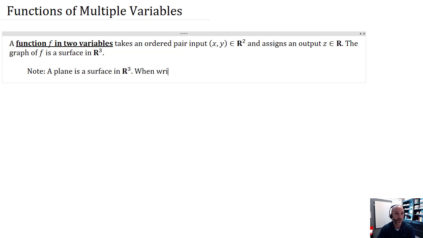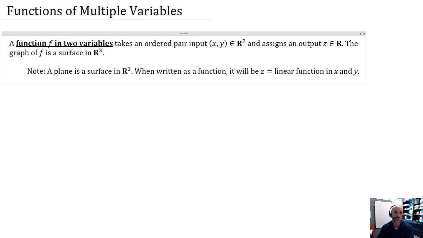When written as a function, it will be something like z equals some linear function in x and y. Okay, so you might solve for z, and then the expression you get on the other side would be a linear function using the variables x and y.